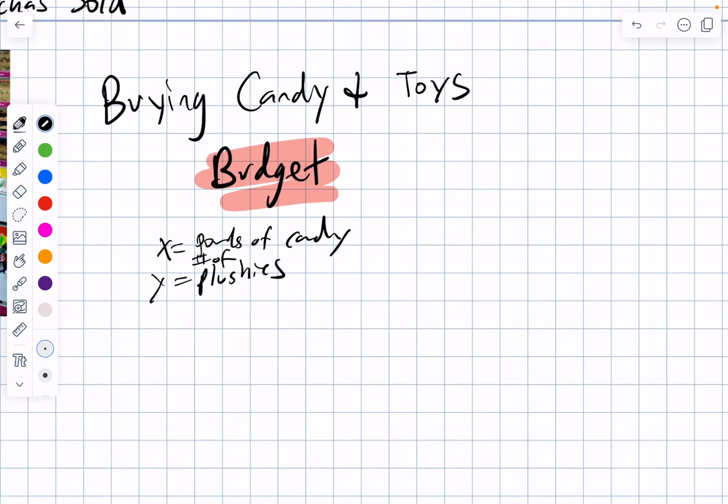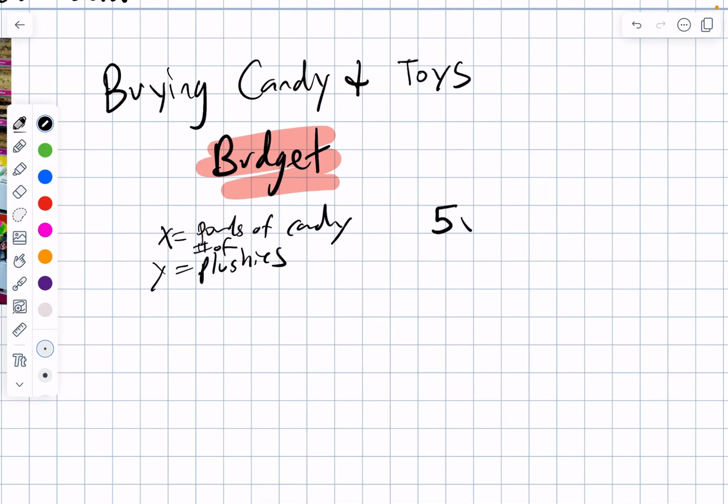So let's say a pound of candy costs $5, so 5X is $5 per pound of candy. And then let's say a plushie costs $8 per plushie.